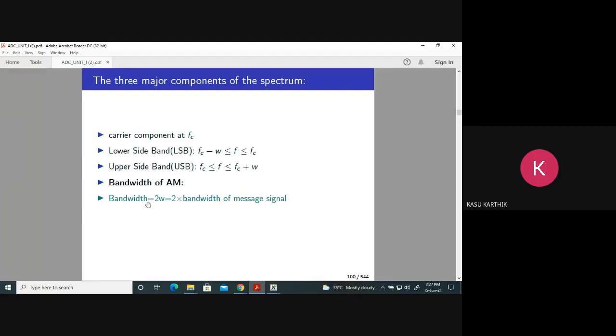So what's the bandwidth of AM? 2 omega. What is omega? The bandwidth of the message signal. So the bandwidth of the AM signal is twice the bandwidth of your message signal. Is it okay? Is it good or bad? Anyone?